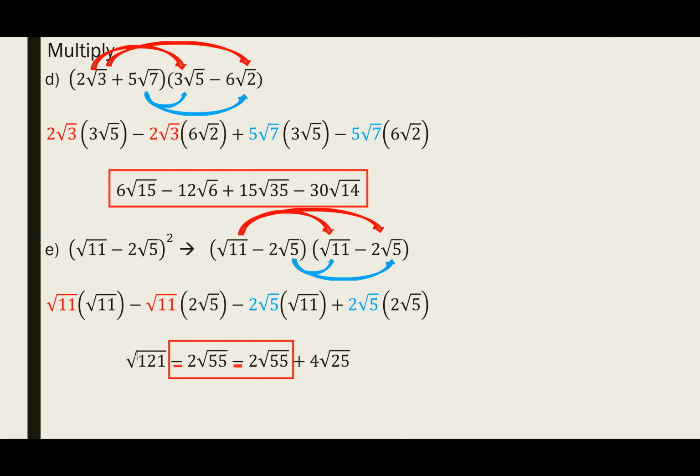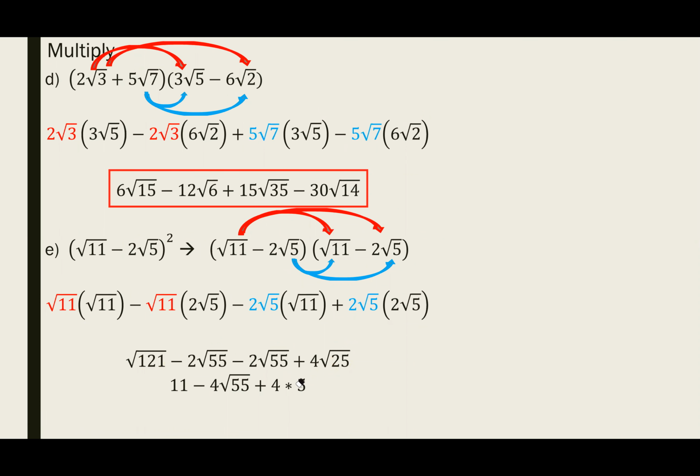121? Hopefully you see that the unique thing about 121 and about 25 is they are perfect squares. Because of 121, I can take out 11 because it's a perfect square. And because of the 25, I can take out a 5 because it's a perfect square.